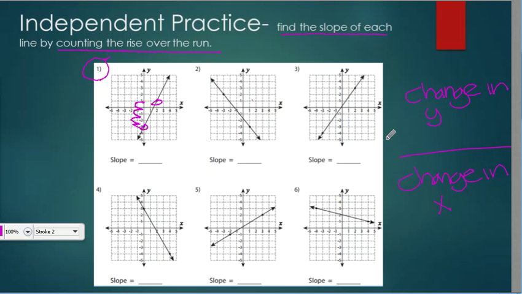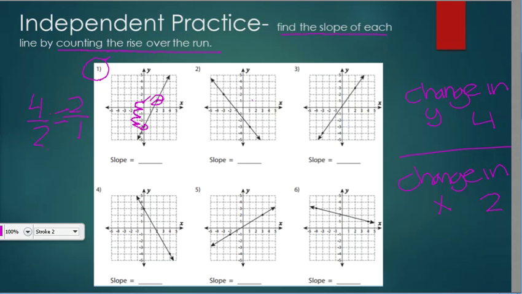So our change in y is 4. And then we have to move to the right 1, 2 spaces. So our change in x is going to be 2. So that means our fraction is 4 over 2. And it's always really good if you can simplify your fraction. 4 over 2 is the same thing as 2 over 1.